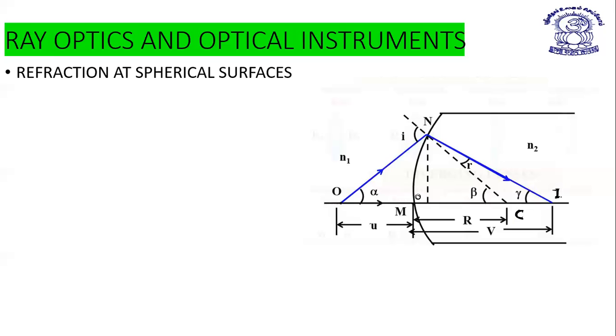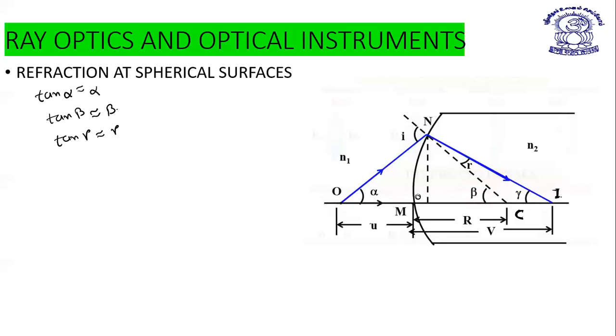From the figure, for small angles, we can write tan alpha nearly equals alpha, tan beta nearly equals beta, and tan gamma nearly equals gamma.